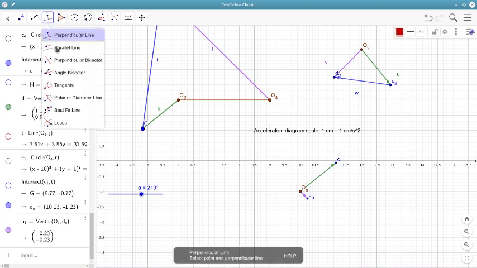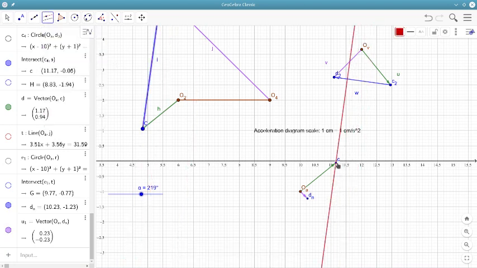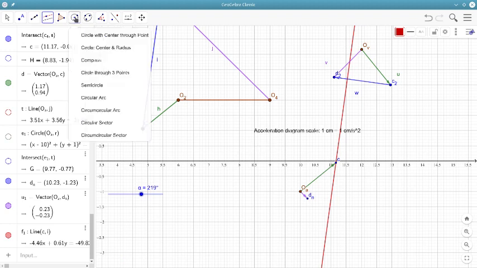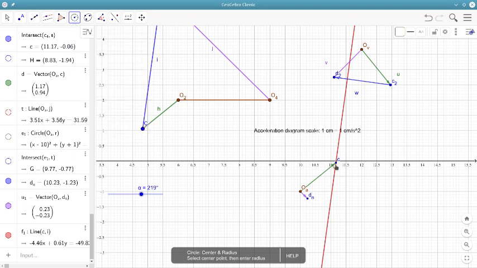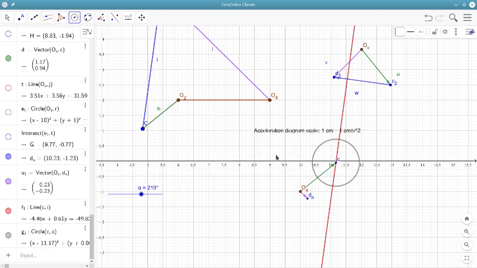So we draw a parallel line first, passing through C. And then we mark the distance, which has to be O. So we can say compass circle, sorry. So draw that and say that radius is O. And again, remember that it has to point towards C.